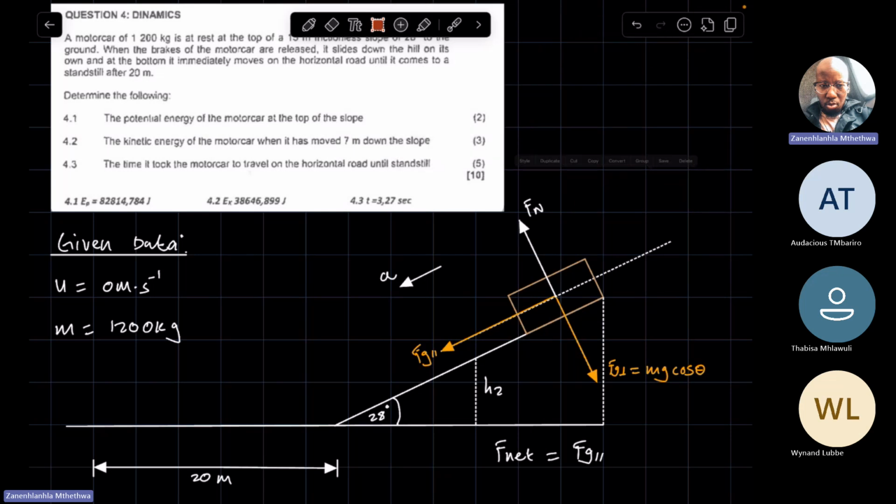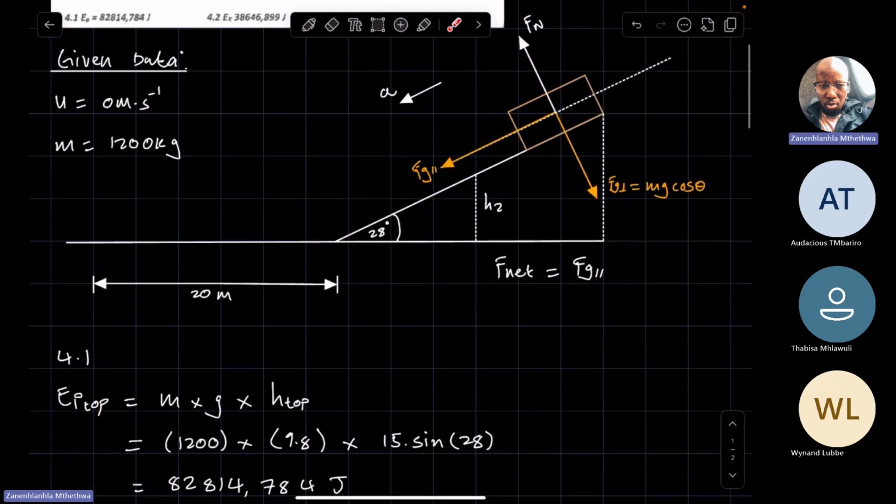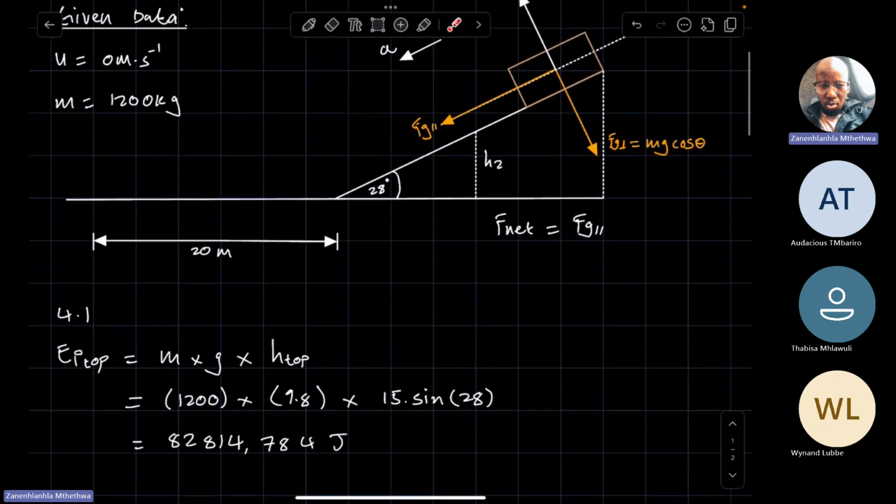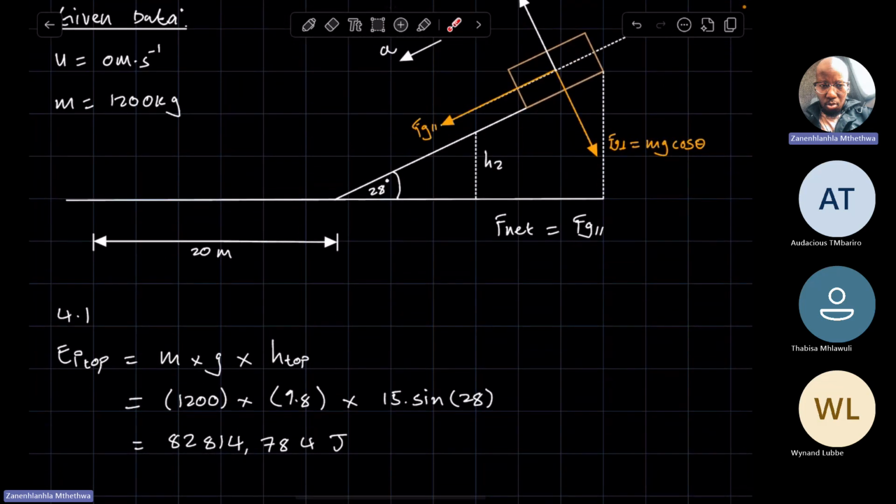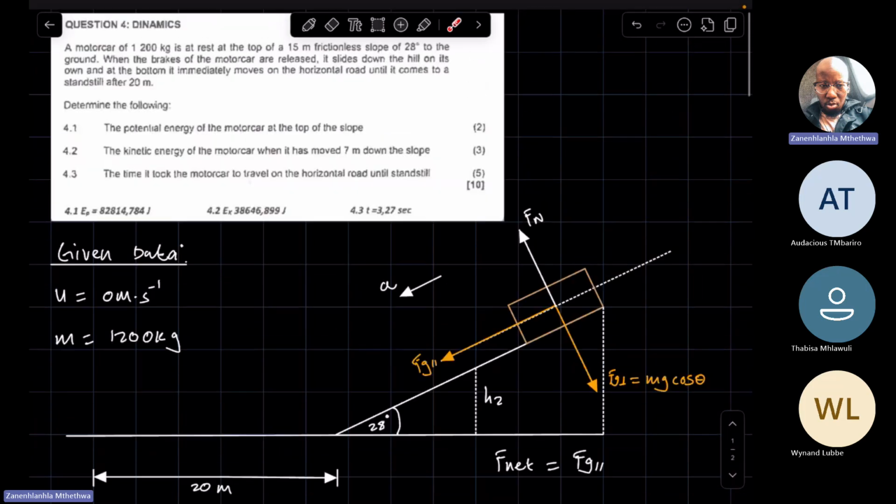Right. 4.3. The time it took the motor car to travel on a horizontal road until standstill. So now they want us to calculate the time it took for the motor car to come to a standstill from the time the motor car came onto the horizontal road to when it had traveled 20 meters, essentially.